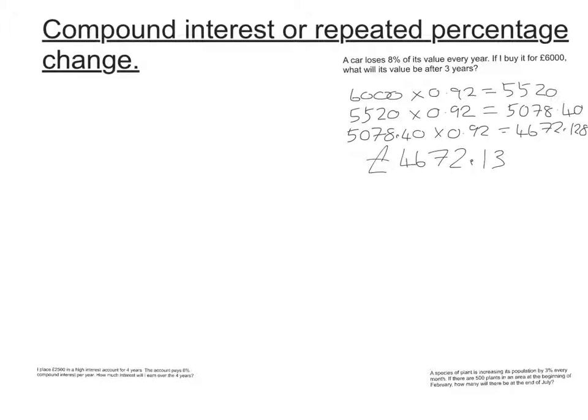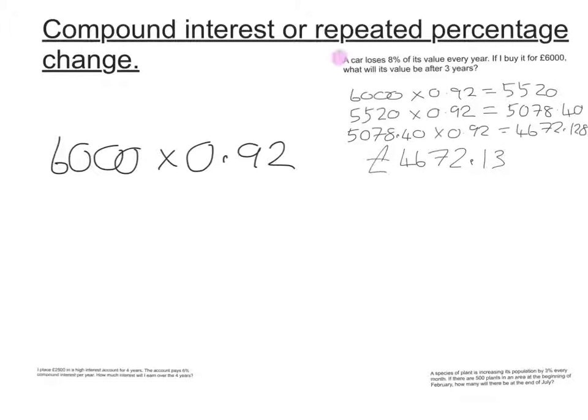Instead of doing that, what you can do, very, very easy method. Take your original amount, times it by your multiplier, which in this case is 0.92, because remember it's an 8% decrease.